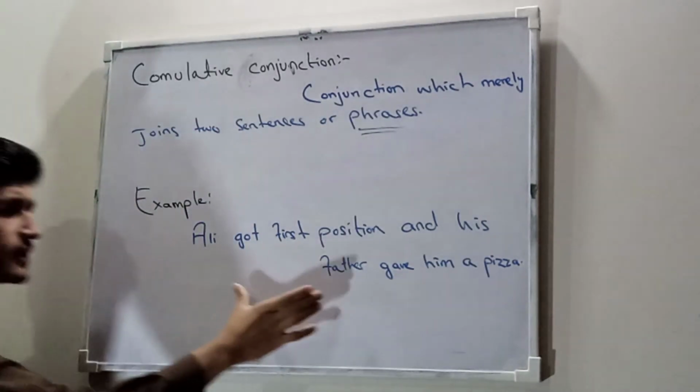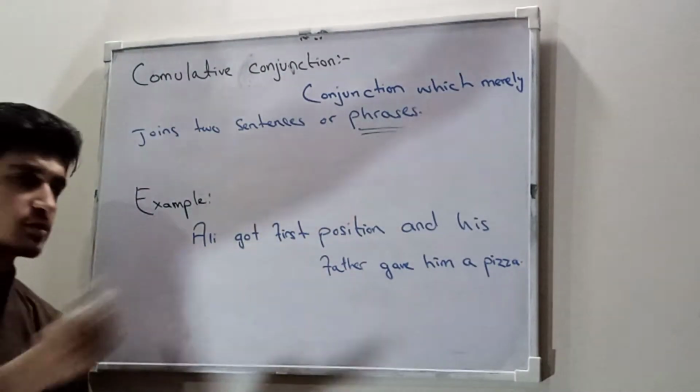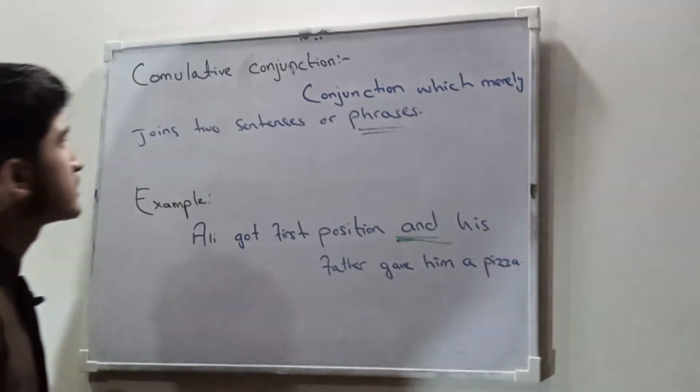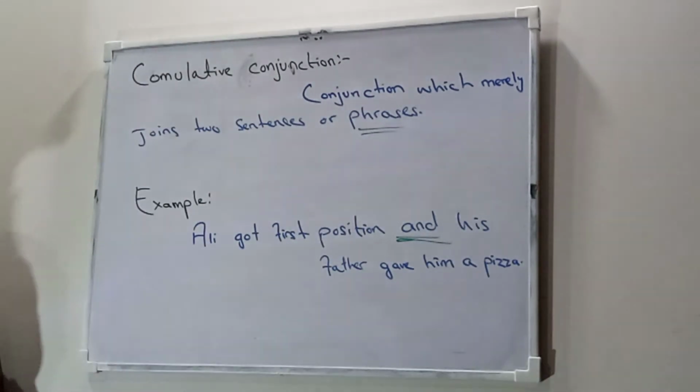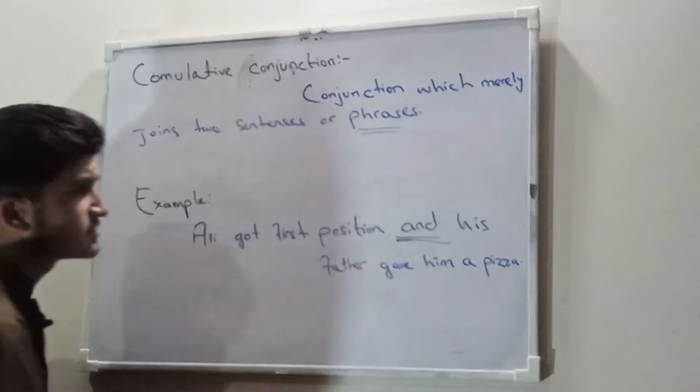Now here, the example of cumulative conjunction is similar to the example of conjunction. Here this 'and' is working as a cumulative conjunction, and the sentence is that Ali got first position and his father gave him a pizza. Here, first sentence, second sentence.